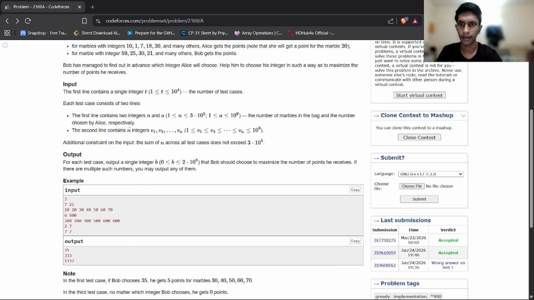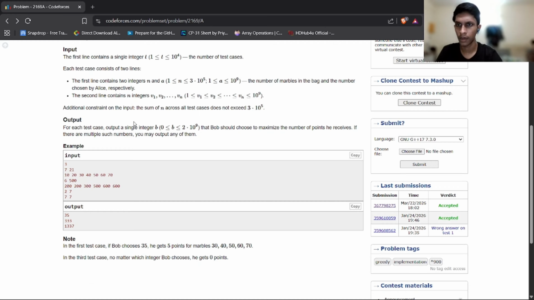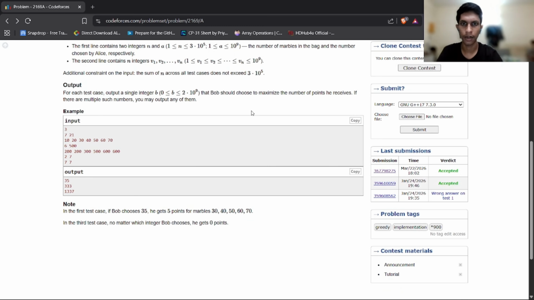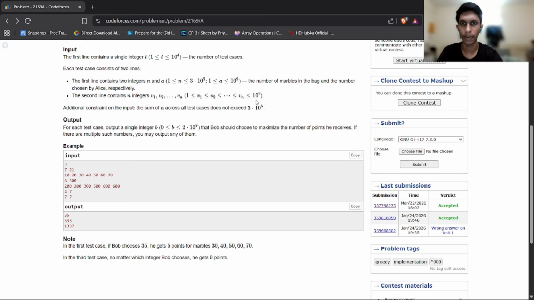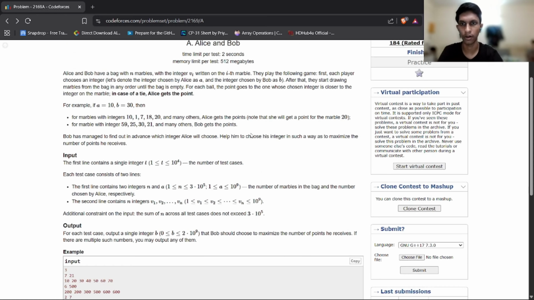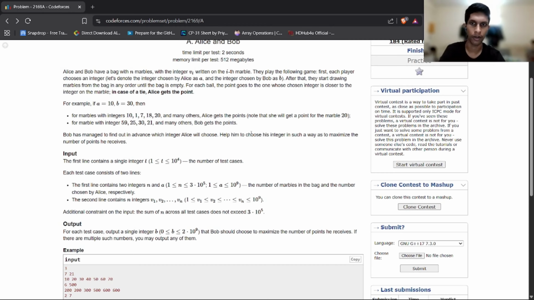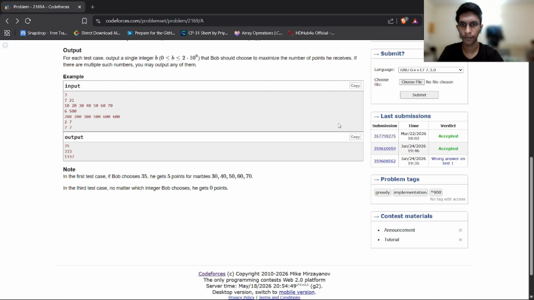The second line contains n integers v1, v2, up to vn, which are the values of the marbles. An additional constraint on the input: the sum of n across all test cases does not exceed 3 times 10 raised to 5. As an output, we have to give a number b, the number chosen by Bob. We have to help Bob choose his number so that in all the cases, Bob gets a victory over Alice.